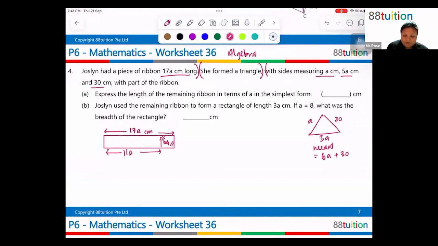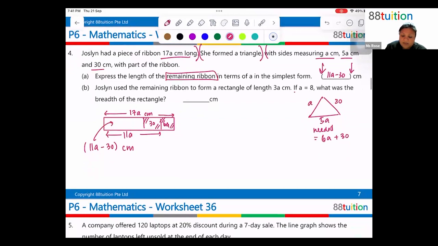So this is removed, and we need to remove another 30 cm. So this here will be 11A minus 30 cm. Now, please make sure you must have your brackets. So it's (11A minus 30). All right, so that's what's left, the length of the remaining ribbon.